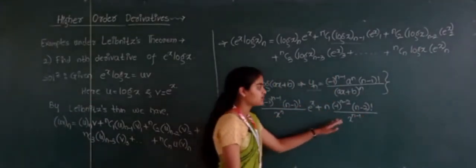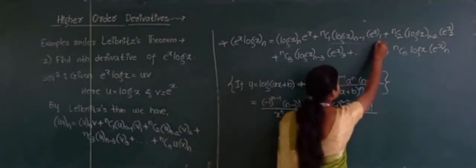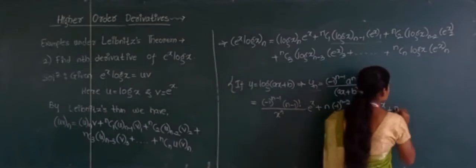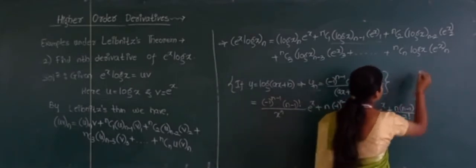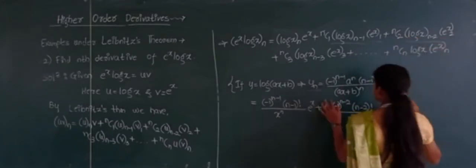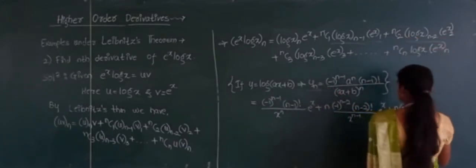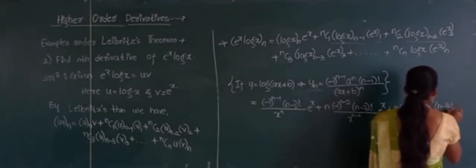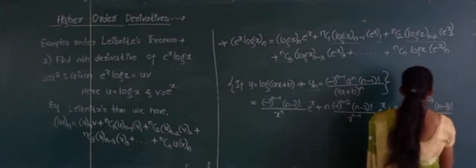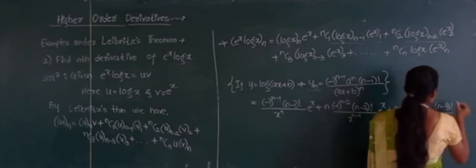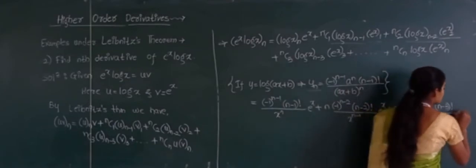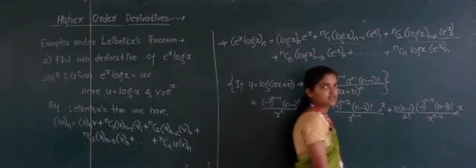So directly I am writing now. Then first derivative of e raised to x is e raised to x itself. Similarly nC2 value is n into n minus 1 divided by 2 factorial and n minus 2th derivative of log x. By this we are getting it as minus 1 raised to n minus 3 into n minus 3 factorial divided by x raised to n minus 2, and this second derivative of e raised to x, we will get as e raised to x itself.